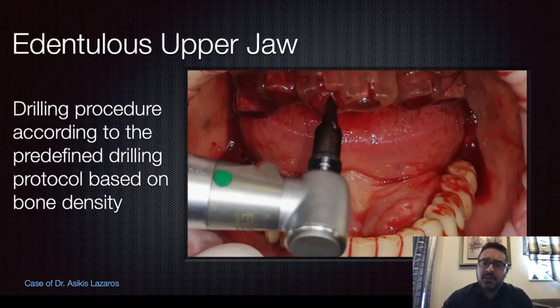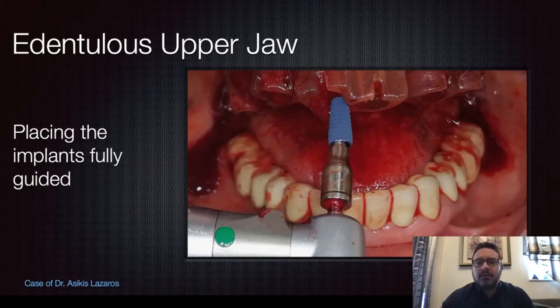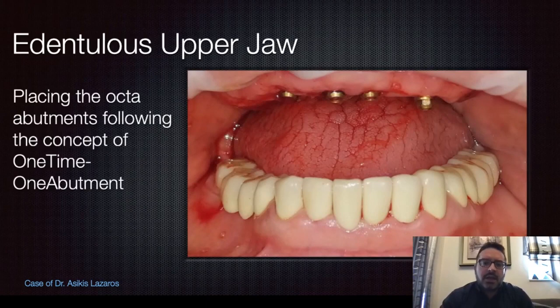After the drilling, based on the bone density, there was the implant positioning, and then come the Octa abutments. As you can see on the right side of the screen, one Octa abutment was a bit bigger, the height was not appropriate, but due to COVID situations, all the surgeries are not made in the time that was scheduled.